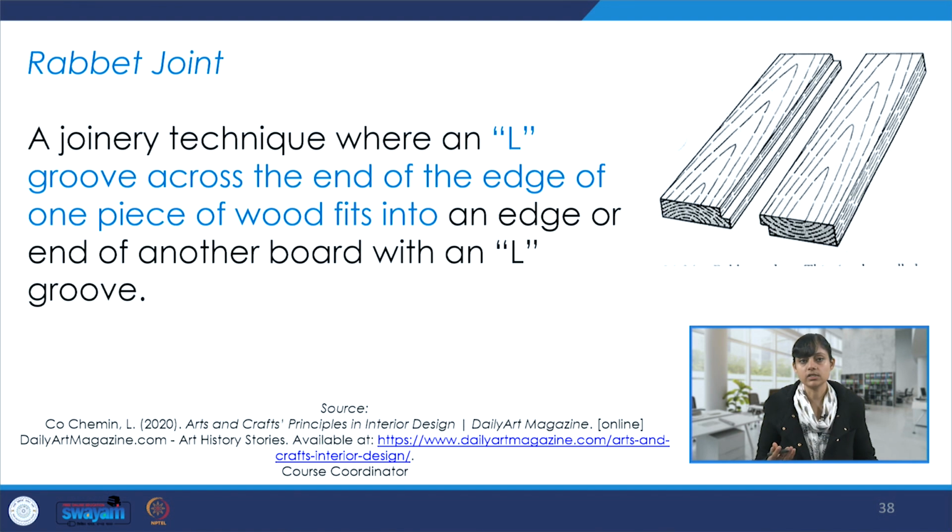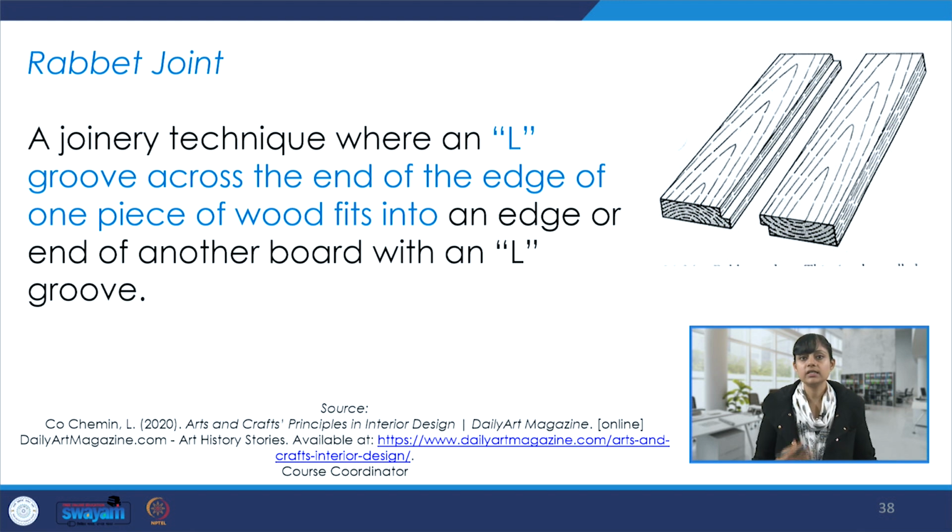The rabbet joint. We must have observed old doors and the way the one shutter and the other are fixed with each other. And there is this joint over there that we see. That's also like a rabbet joint.